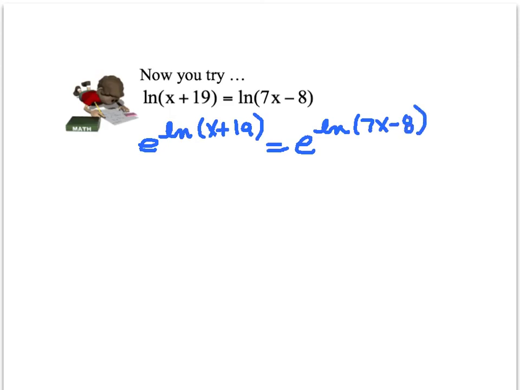Because the bases of the logarithm match the base e, I know that the expression is going to be what's inside of the logarithm. So on the left side of the equal sign, I have an x plus 19. And on the right side, I have 7x minus 8.